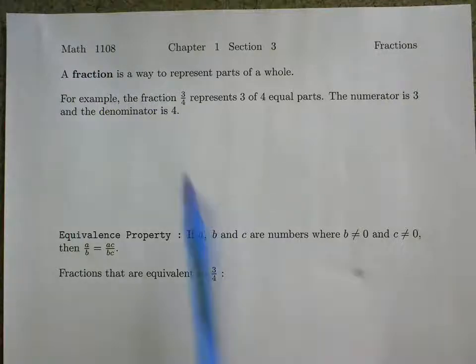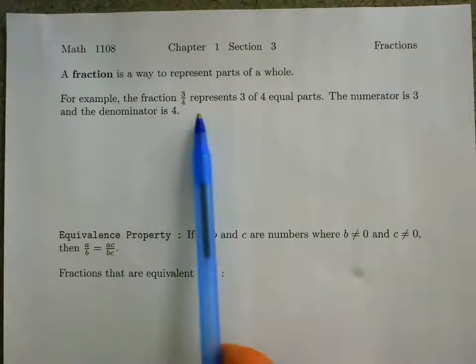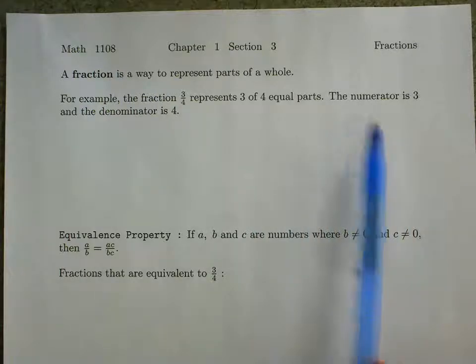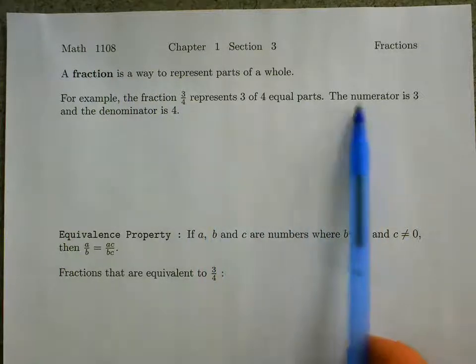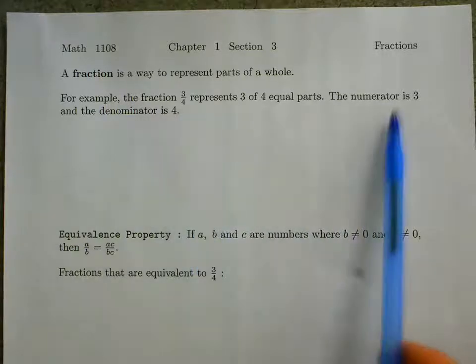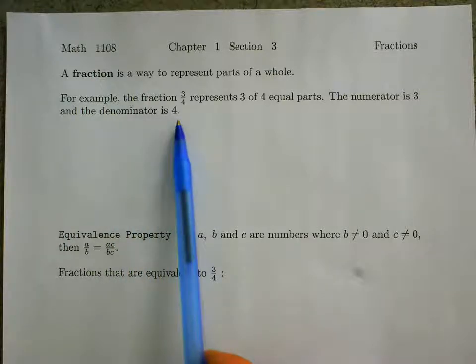For example, the fraction 3/4, that represents 3 of 4 equal parts. The number on top is called the numerator. So in this fraction, 3 over 4, the numerator is 3, and the denominator is 4. That's the number on the bottom.